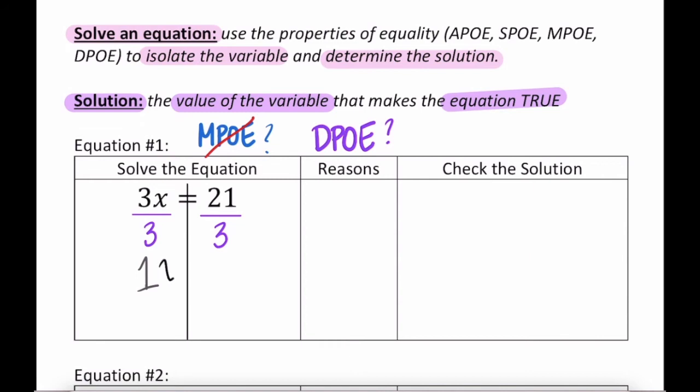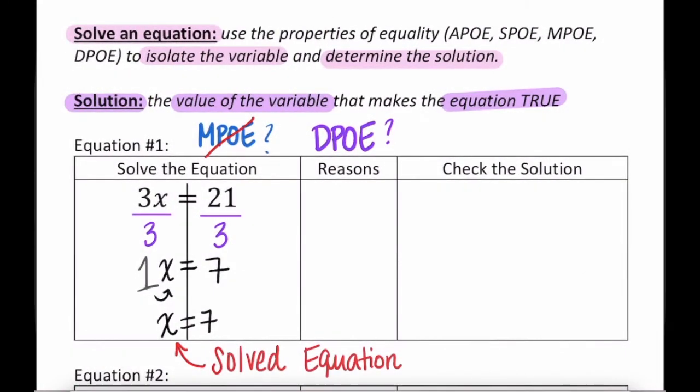So now this is 1x equals, and 21 divided by 3 is 7. But is x isolated? Well, yeah, because 1 times x is just x. So we're left with x equals 7. And this is called a solved equation because x is now completely by itself on that side.